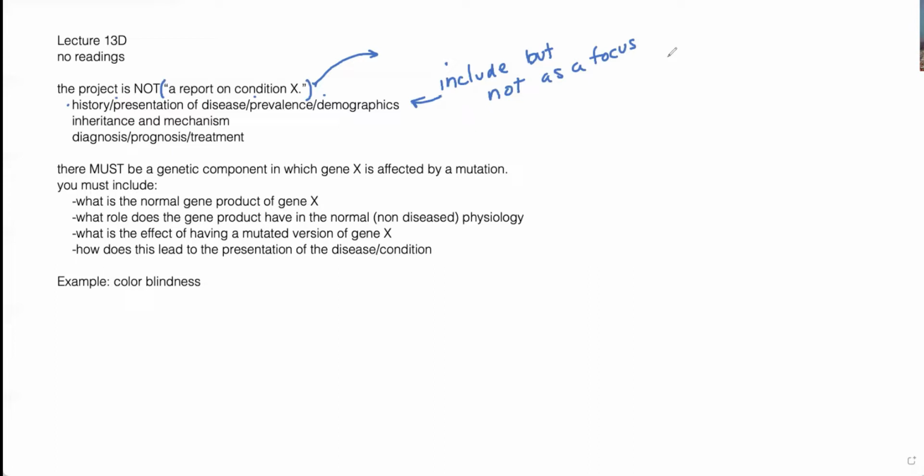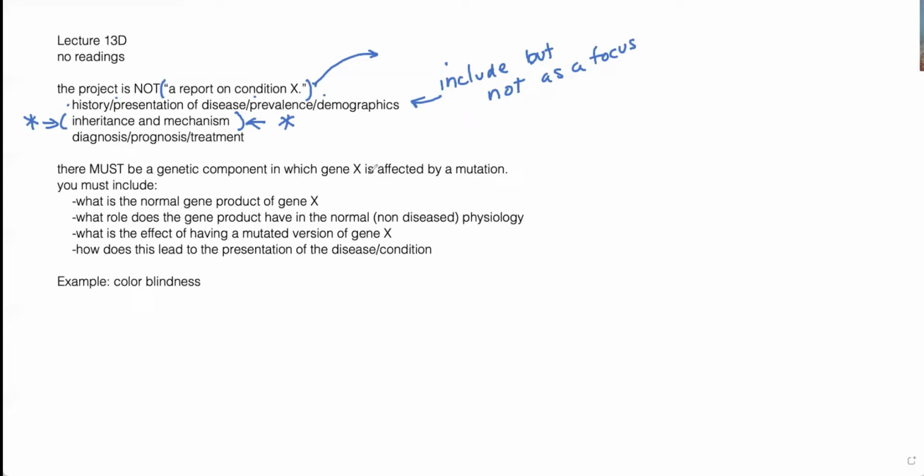The majority of your presentation should be about the actual molecular mechanism. Okay? And so this inheritance mechanism, this is what you want to spend all of your efforts on, because you have to get this first. If you don't do a good job with molecular mechanism and inheritance, you're not going to get a very good score on the presentation. It might be a very clever and elegant presentation.